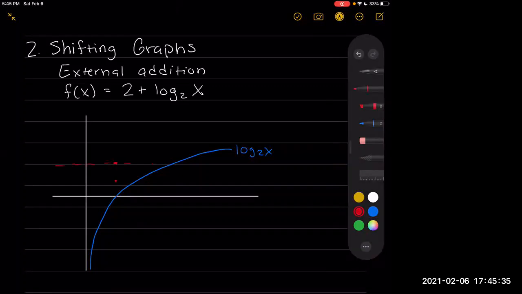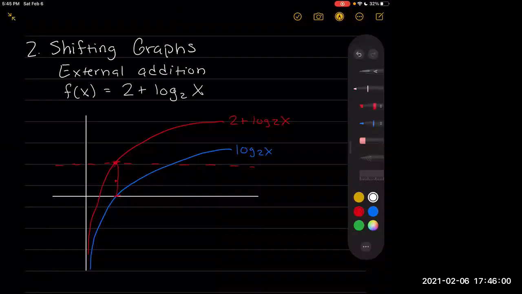It's all been shifted slightly. So that means our graph will look something more like this. Okay, so this is 2 plus log 2 of x. So all of these points have just been shifted up by 2.